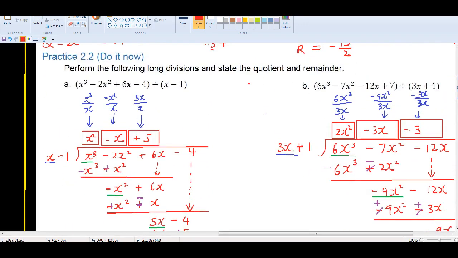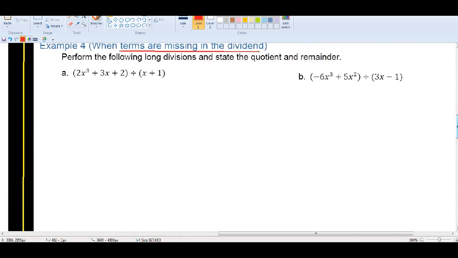For a cubic polynomial, you have power 3, power 2, power 1, and a constant. So there will be at most 4 terms, but sometimes they have only 3. How could we do division if one term is missing?